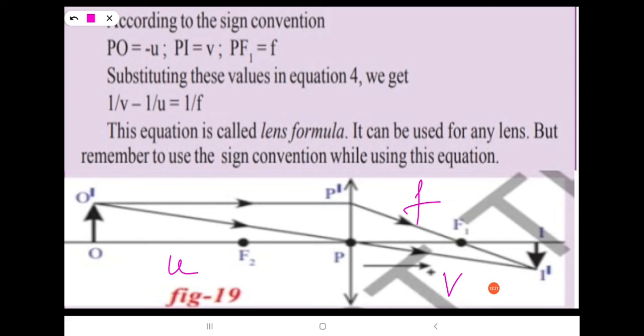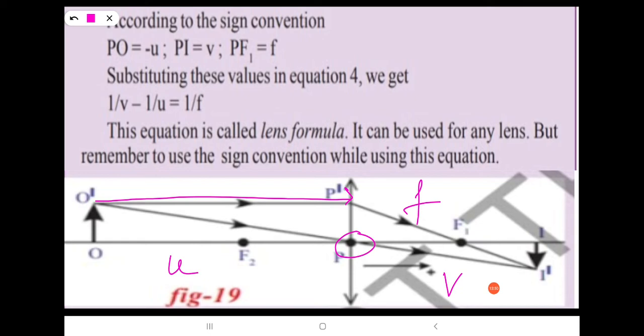So here we measure every distance from the pole, on the principal axis.